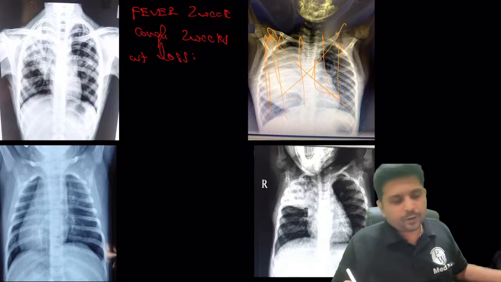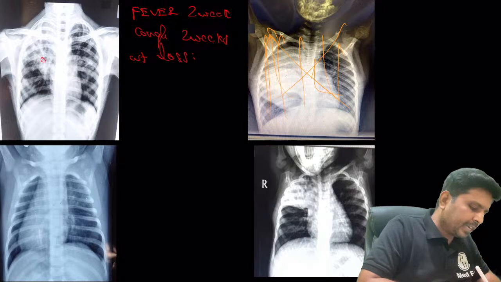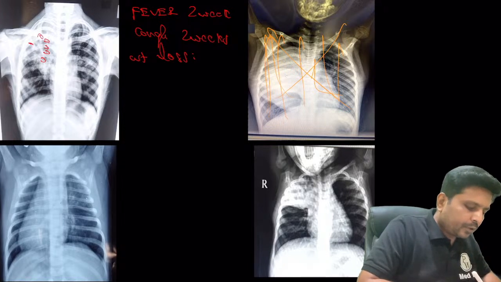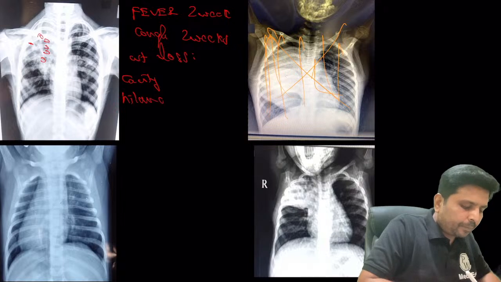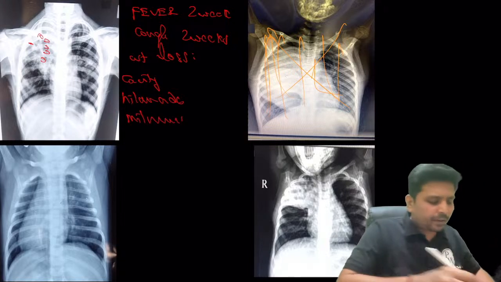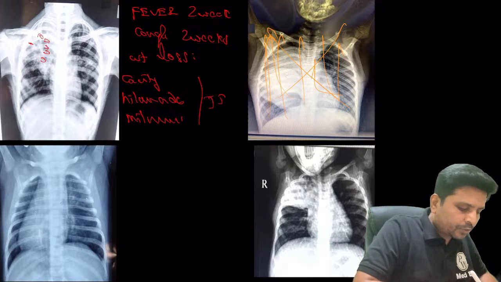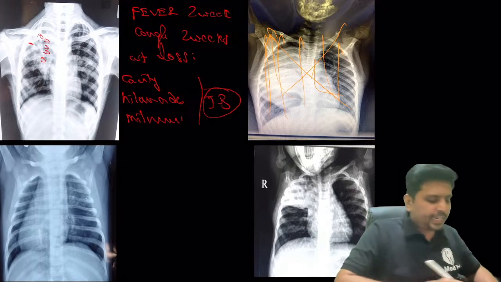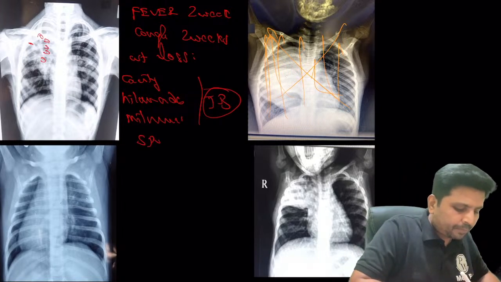So what is the diagnosis? You could see numerous cavities. So cavity, hilar adenopathy, miliary mottling are suggestive of tuberculosis. What is the next investigation of choice? Sputum TB NAT.